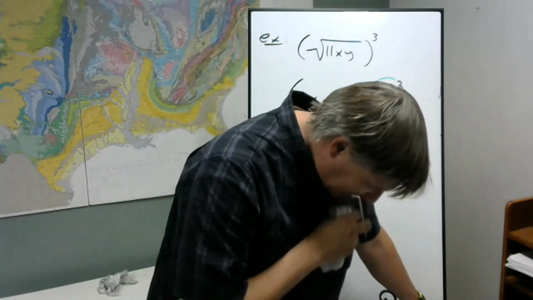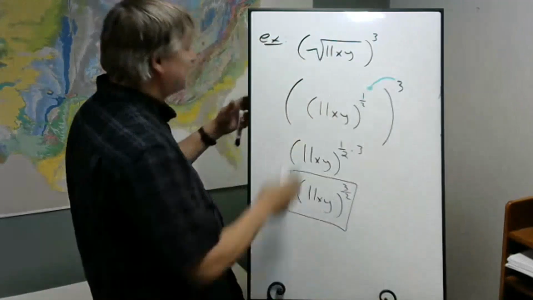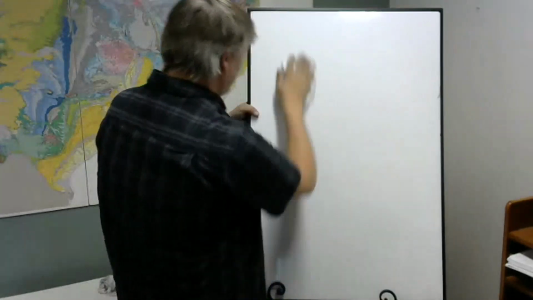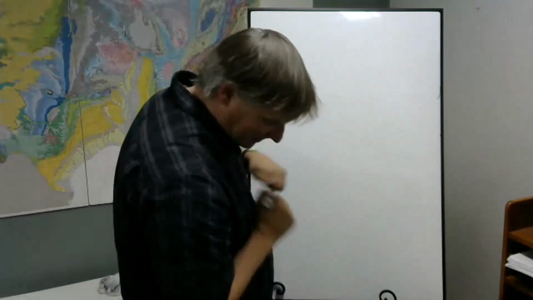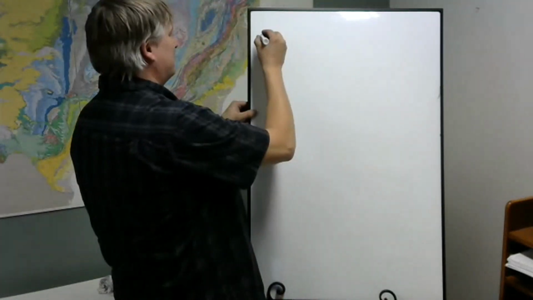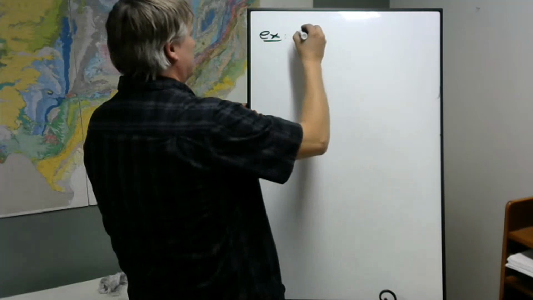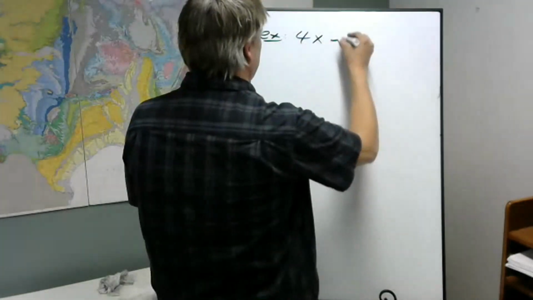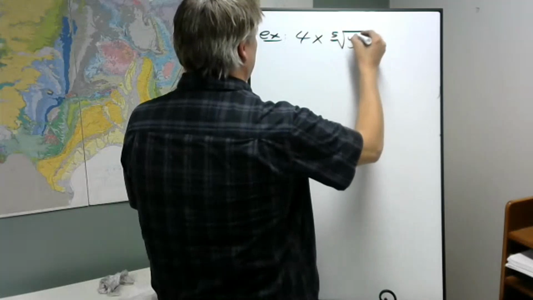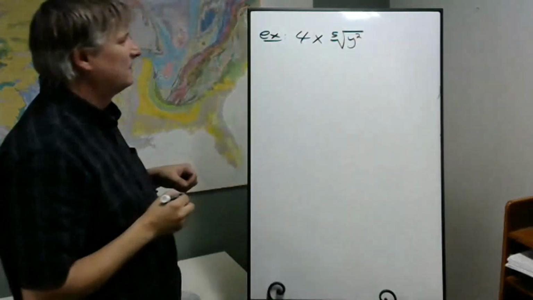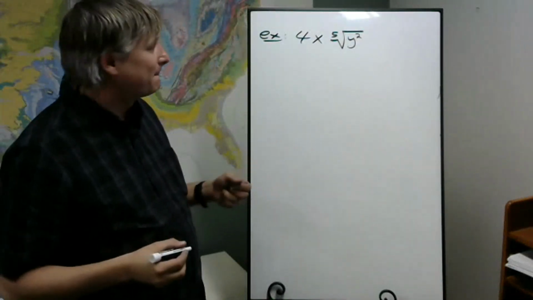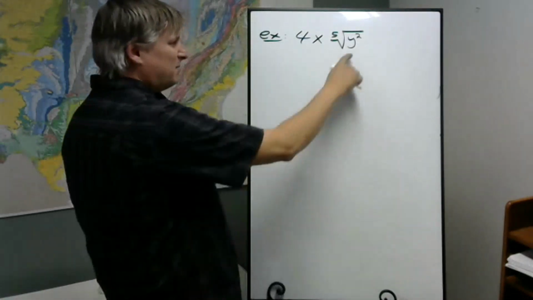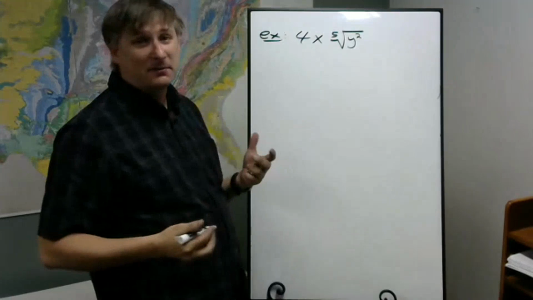Now let's see here. Let's say we do one more like this. So 5th root of y squared. Again, let's make this into a rational exponent, and this whole thing will be on the inside.